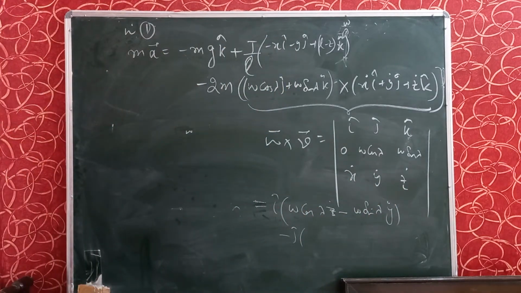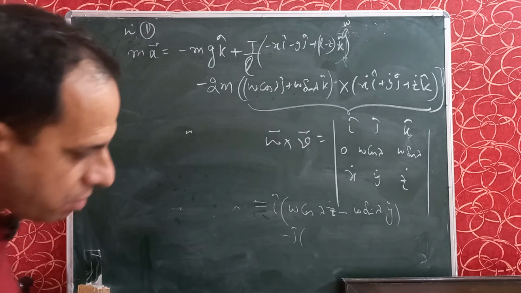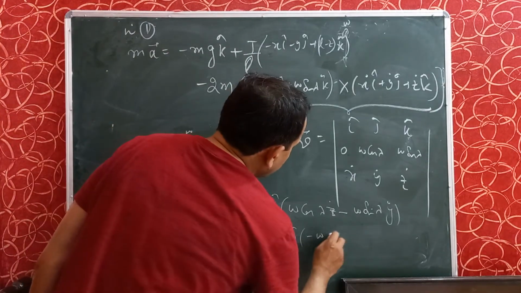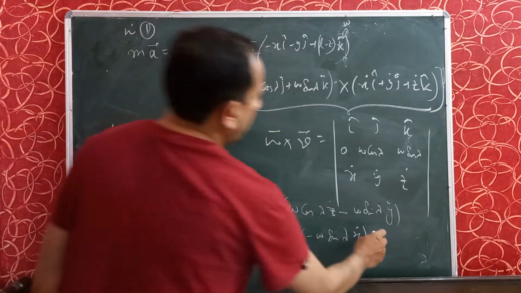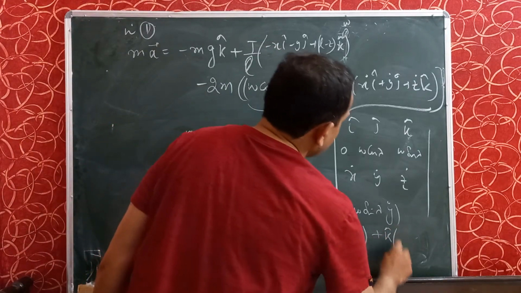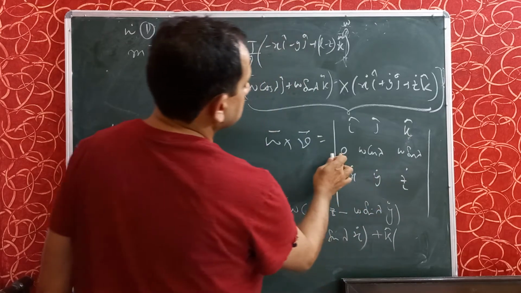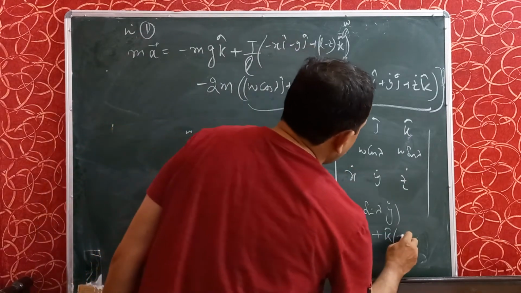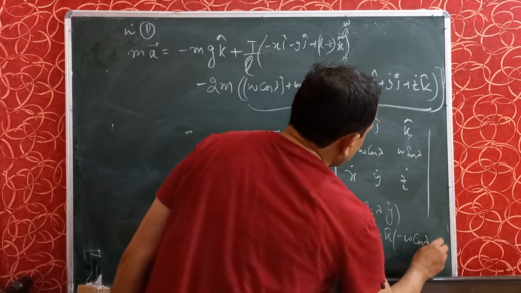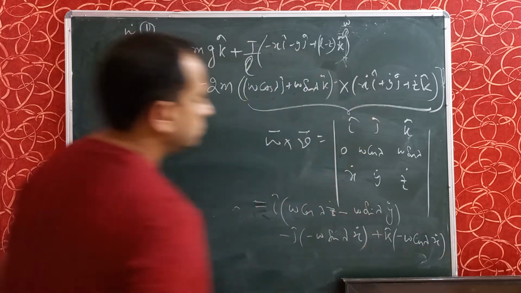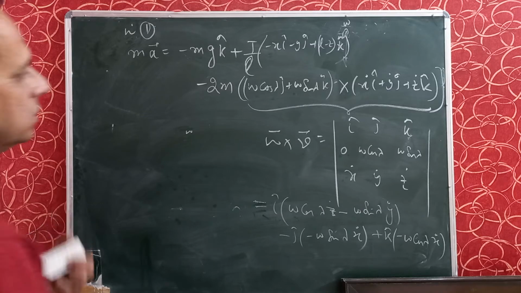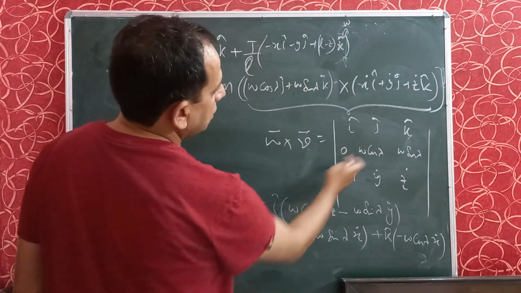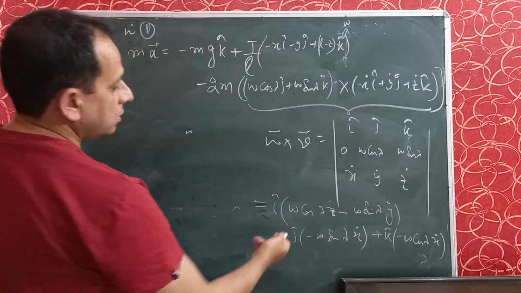0 minus omega sin lambda into x dot, and plus k, this one k is 0 minus omega cos lambda into x dot. Okay, we can solve this determinant, first coefficient and multiplication of this second and third.